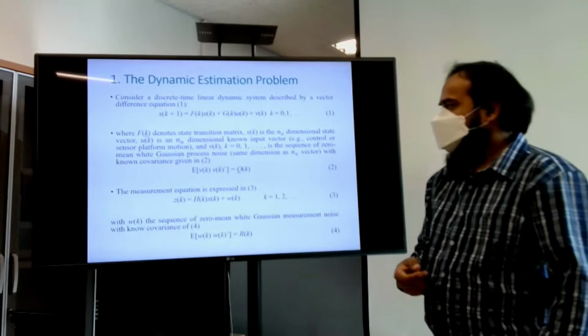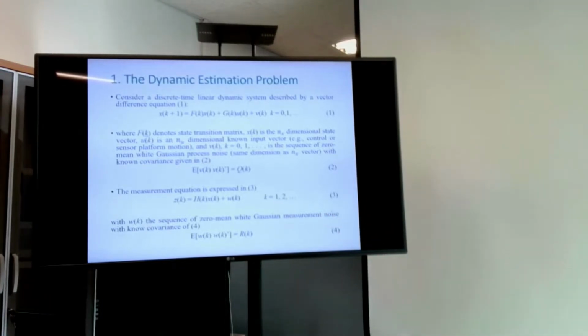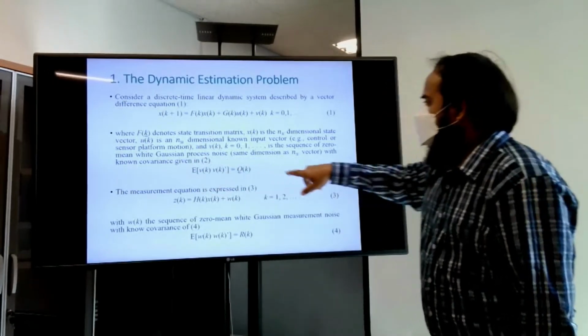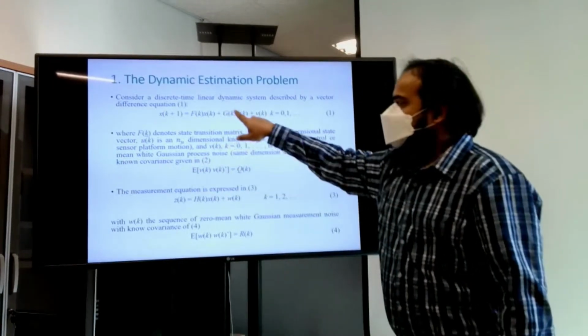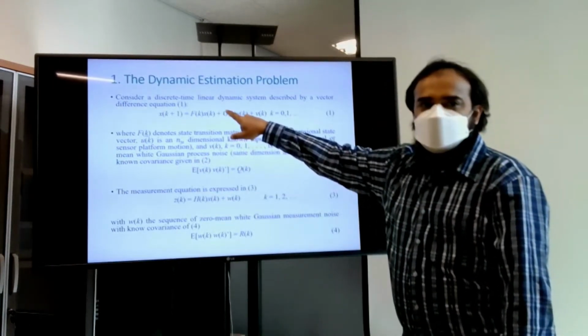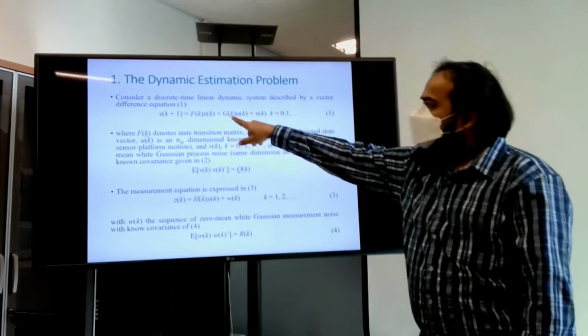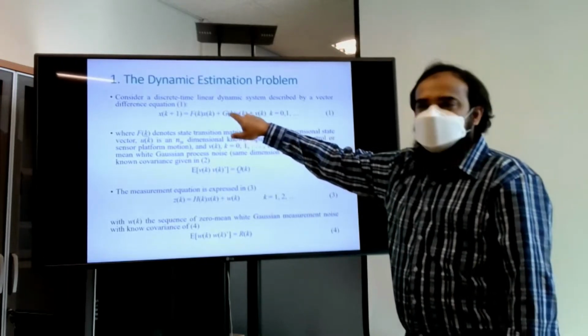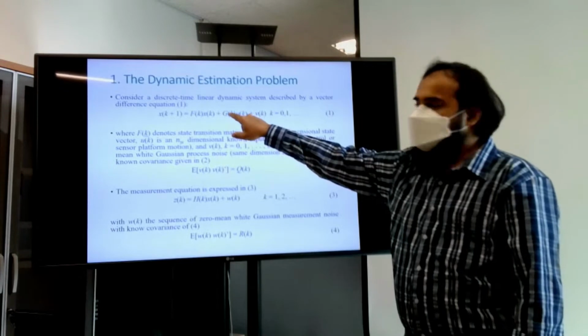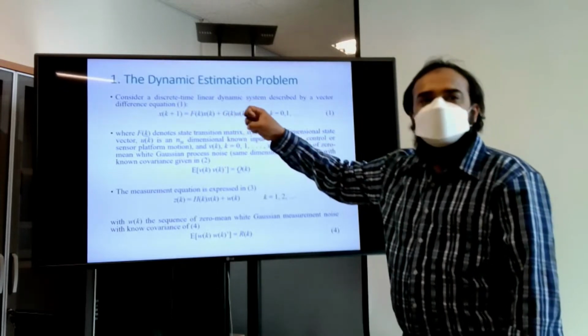Okay, clear? What is meant by Gk? Gk is a constant vector. It multiplies with the input and selects the control input.